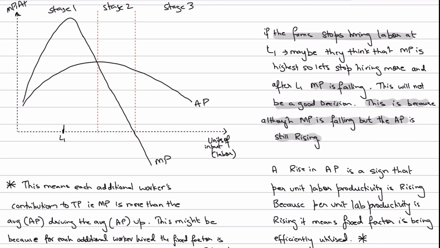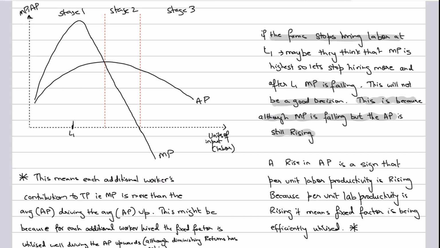and because the average product is rising, it's not a good decision. A rise in average product is a sign that your per unit labor productivity is actually going up, right? Your labor productivity is going up because your average product is rising. So because your per unit labor productivity is rising, it means that the fixed factor is being efficiently utilized.